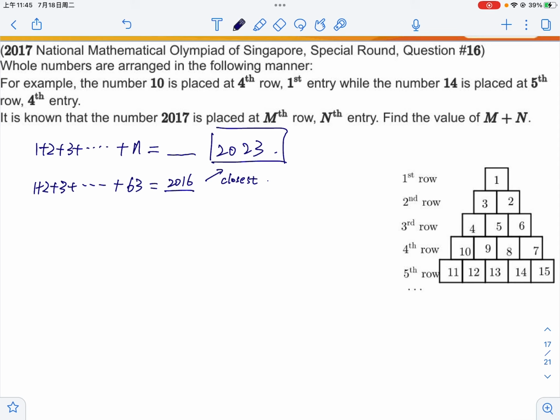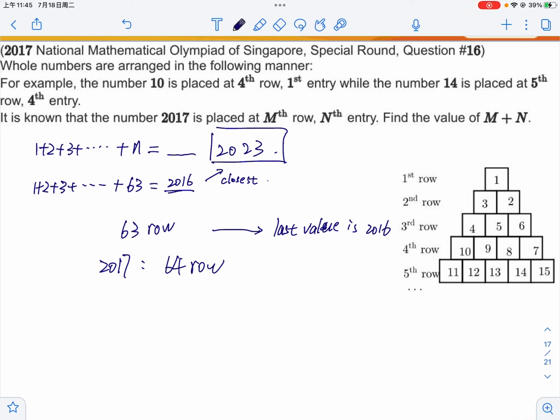So then, tell me, 2016 is where? It's in row 63, and the last value is 2016. So 2017 will be in row 64, right?